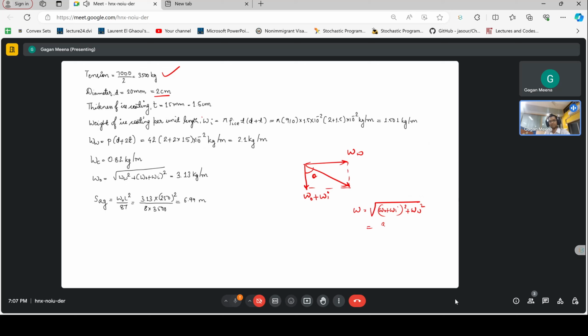So S into cos theta here, vertical sag comes out to 5.18 meter.